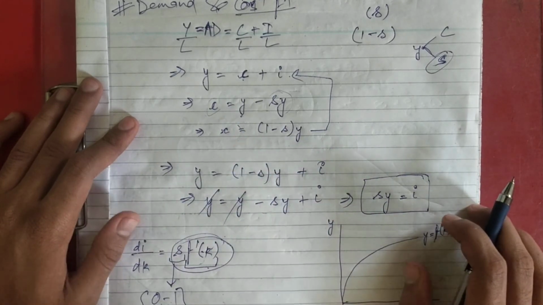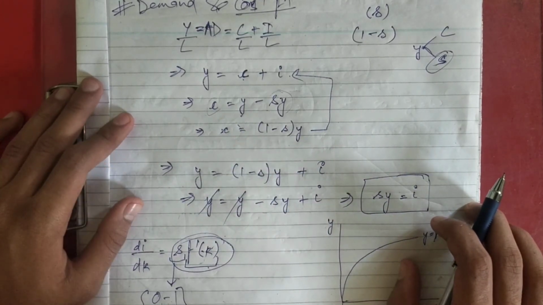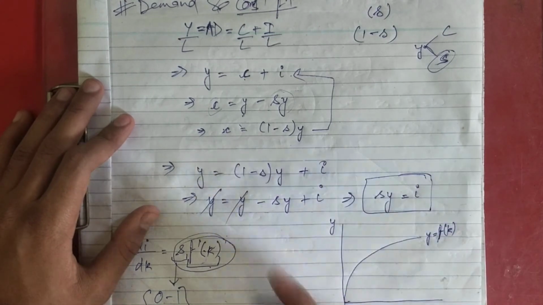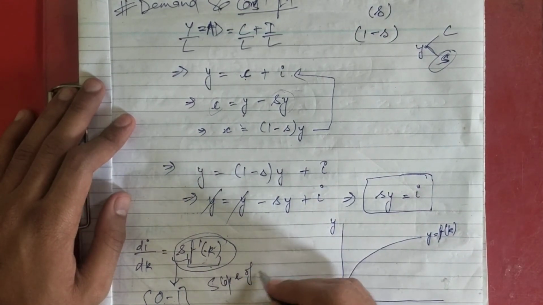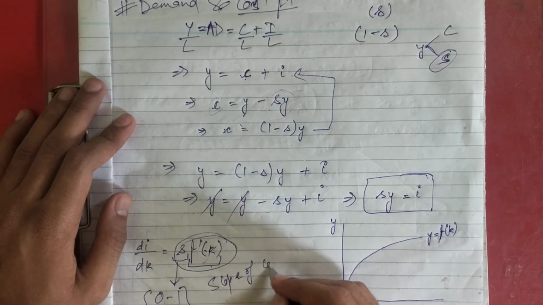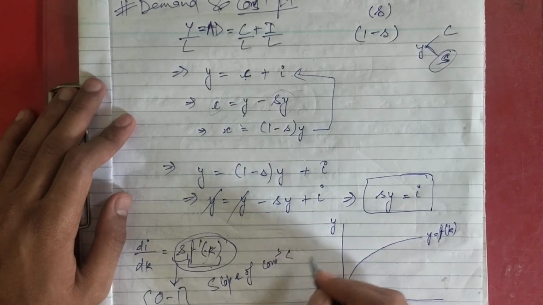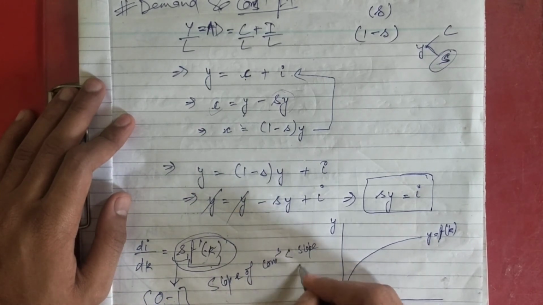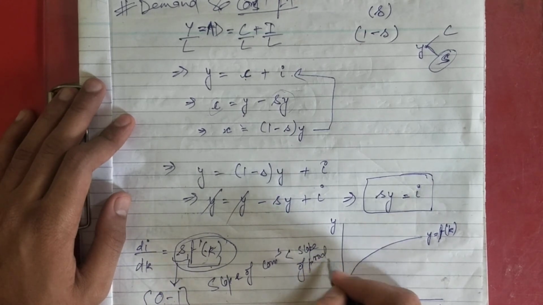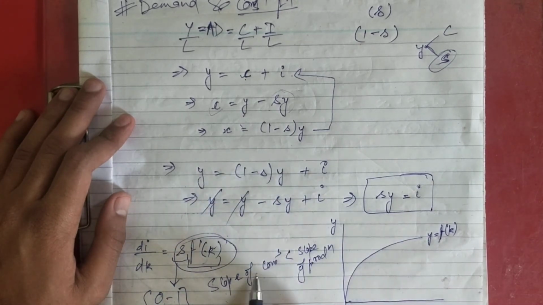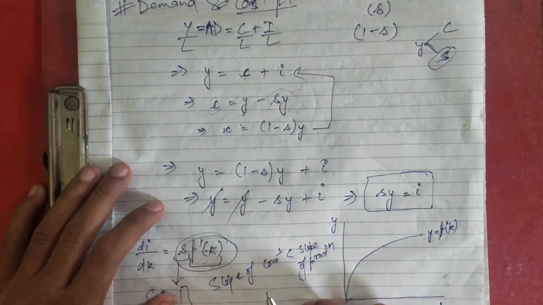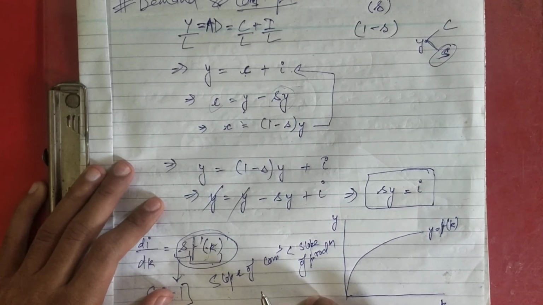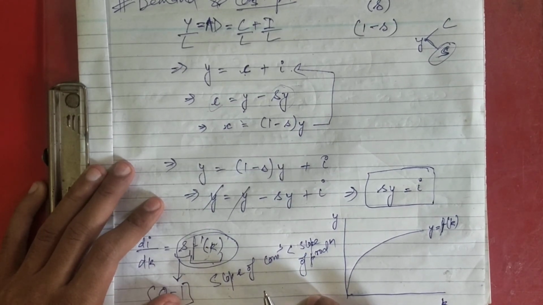This is basic mathematics. So the slope of the consumption function is less than the slope of the production function, that is, the slope of small I is less than the slope of y.